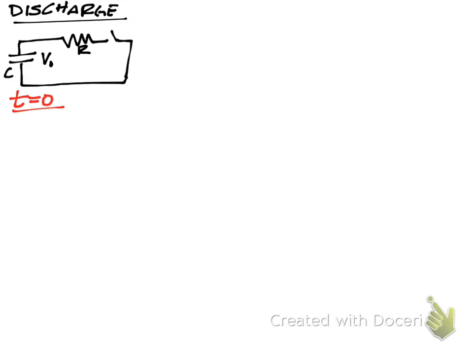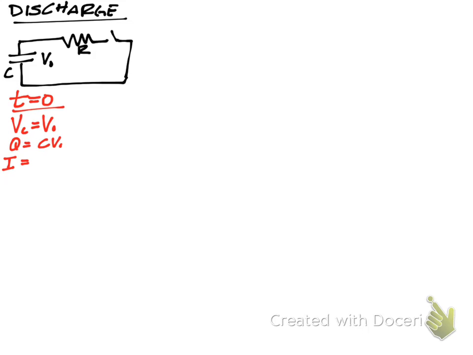So because it's charged up, initially the voltage on the capacitor is some initial V0. So the charge on the capacitor, Q, is equal to C times V0. And initially, current is going to flow.